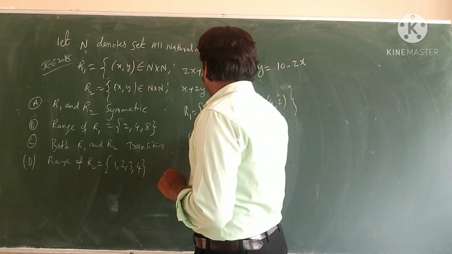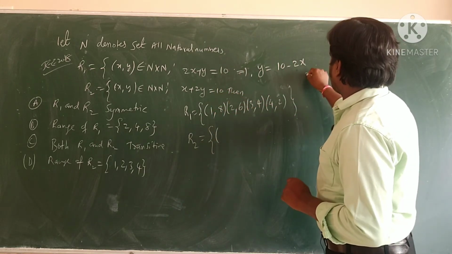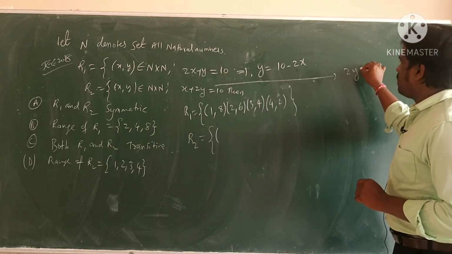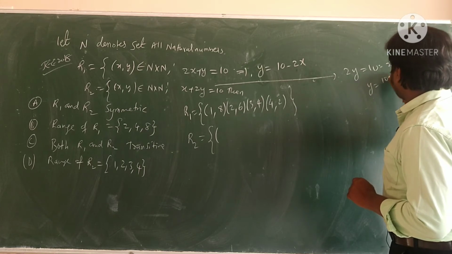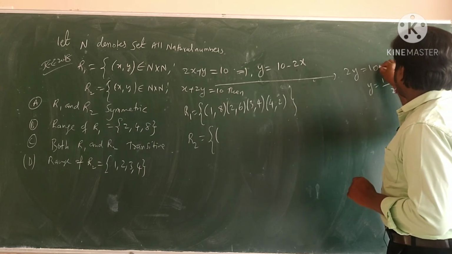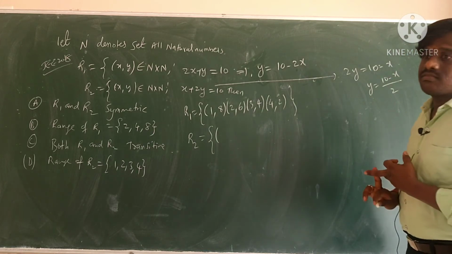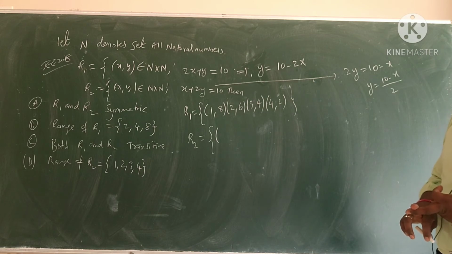Now R2 we will take. R2 is equal to, see, I can write 2y is equal to 10 minus x, y is equal to (10 minus x) by 2, right? Now can I take x equal to 1? No, 9 by 2.